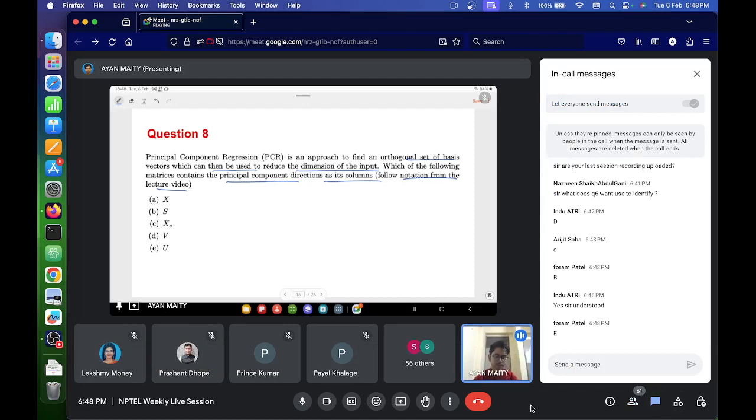Forum Patel is saying option E, which is U. Any other answers?